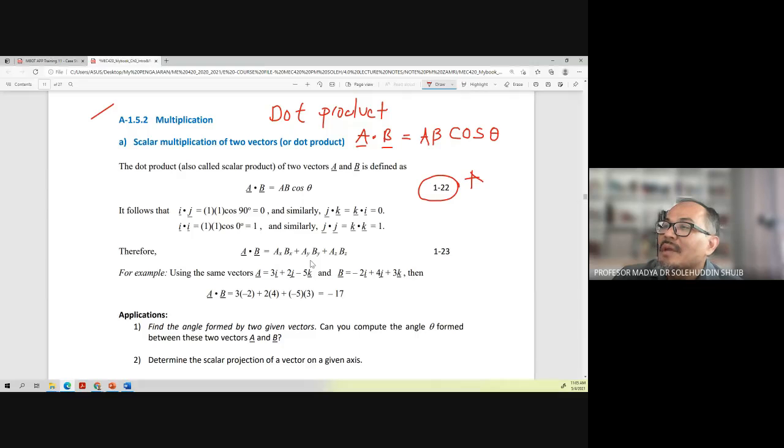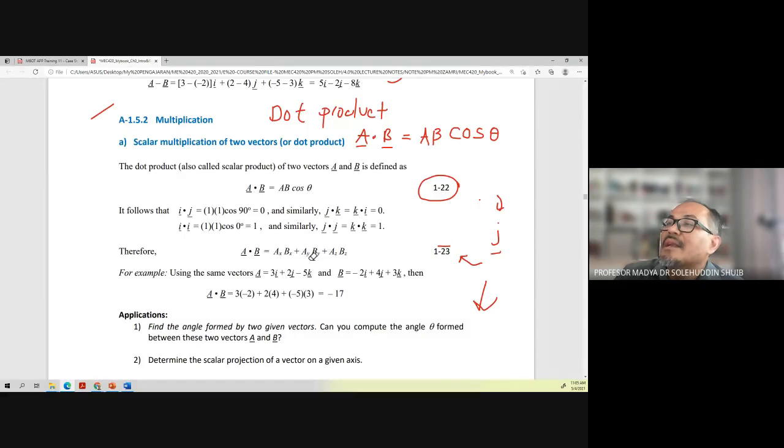The i dot j dot k, and then k, this is cross, this one is cross, this is later. So i dot j, so i times j, the magnitude of i times the magnitude of j, and then cosine 90.